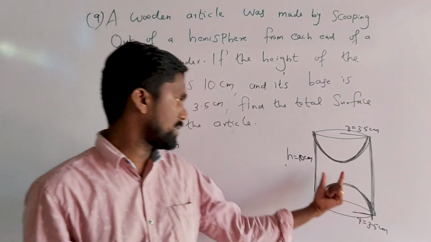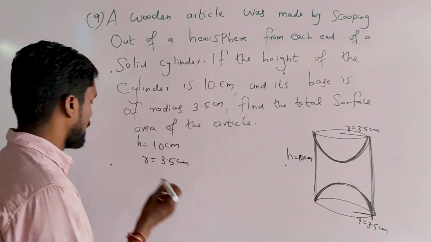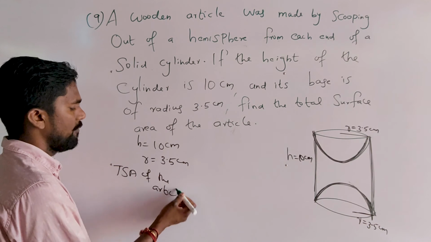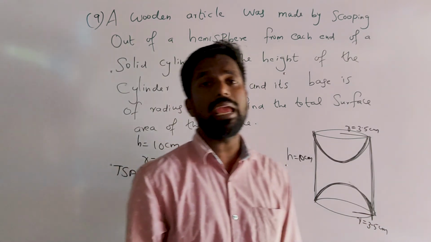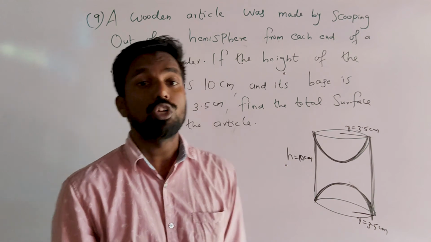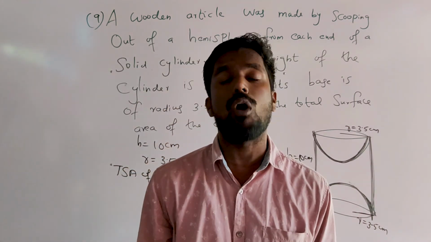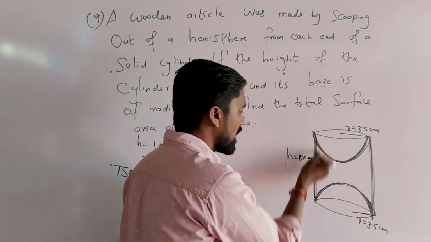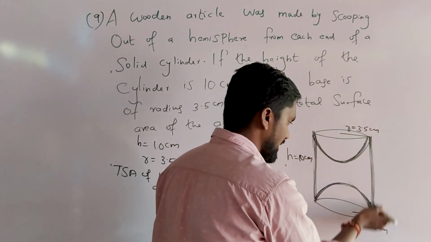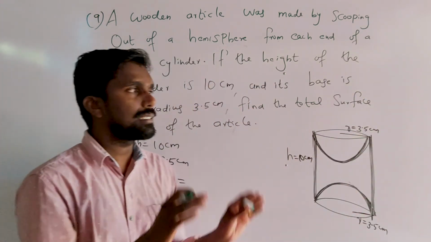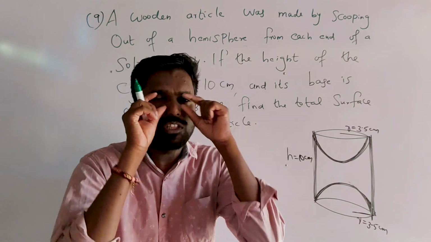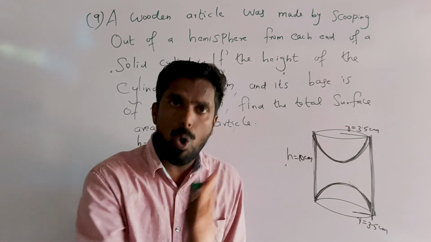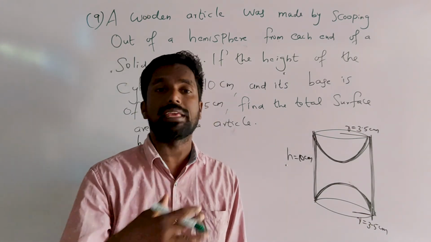Article means this object, this solid. TSA of the article. Okay, this is a very simple question. TSA of the article means total surface area of the article. Listen, total surface area means whatever parts you can see with your eye, all those surface areas you have to add.